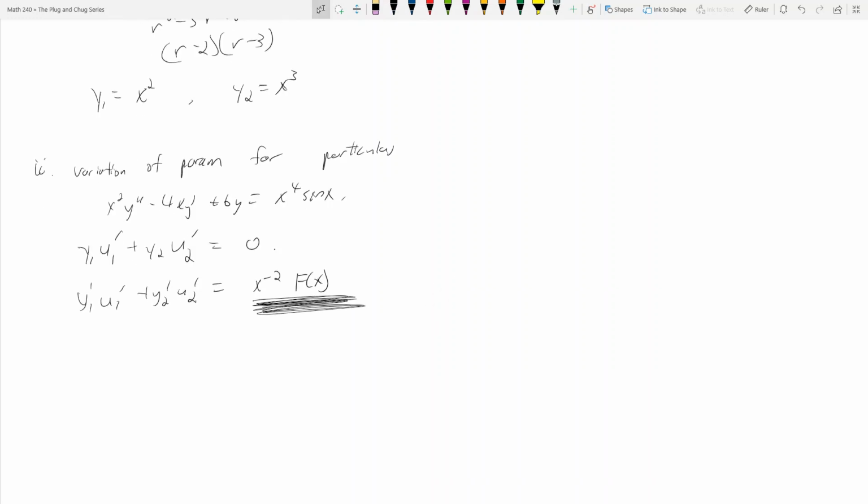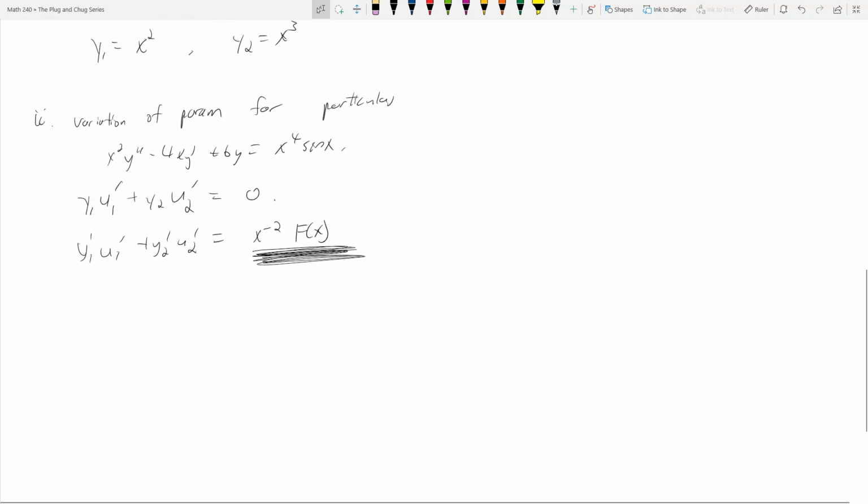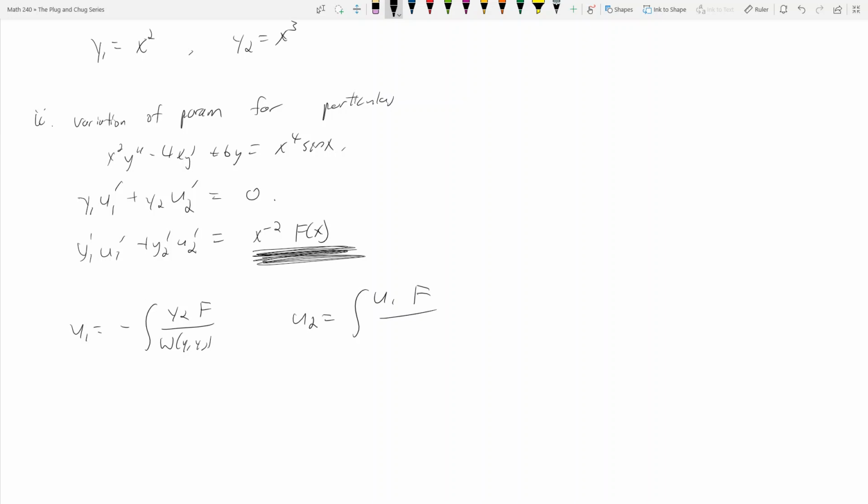So if we use the integrals, u1 is equal to negative the integral of y2 f over the Wronskian of y1, y2, and u2 is equal to the integral of y1 f over the Wronskian of y1, y2. What happens is that in this integral, where you see the f, it has to get replaced by x to the negative 2 f.